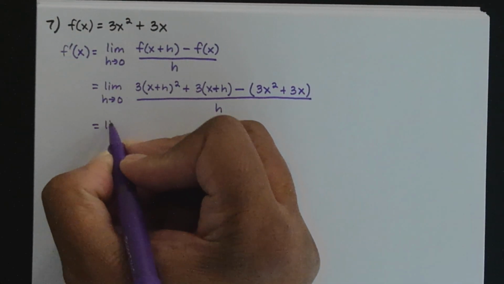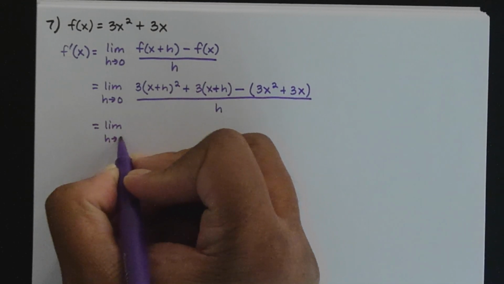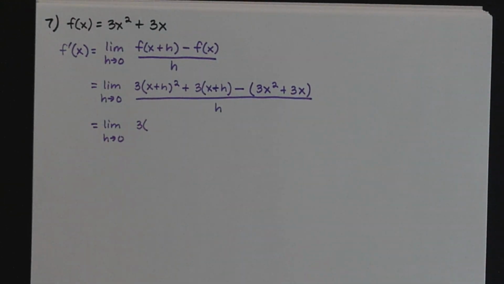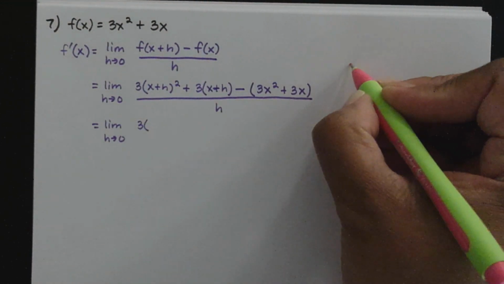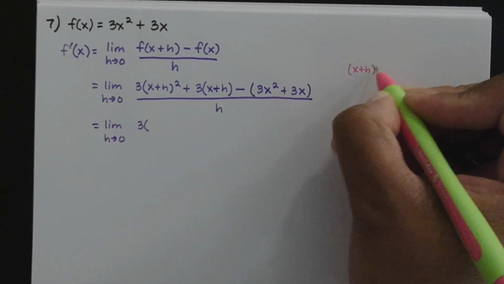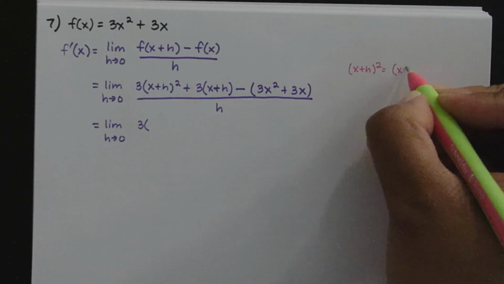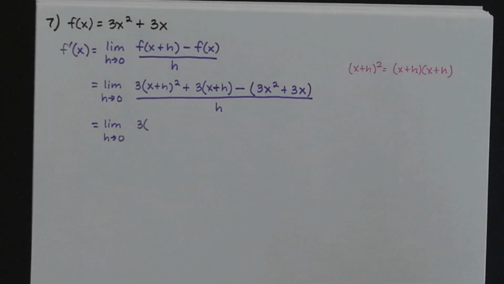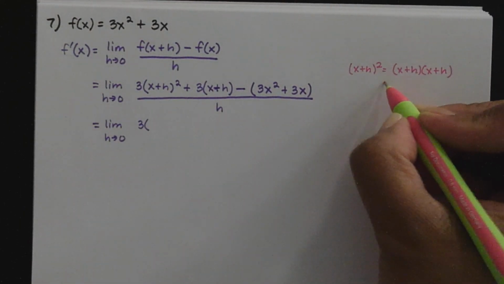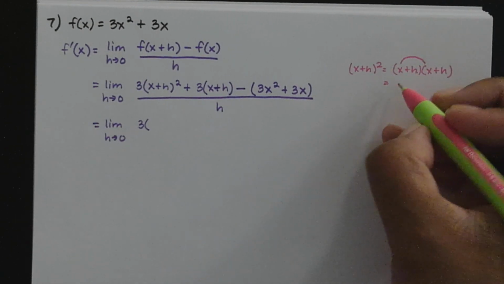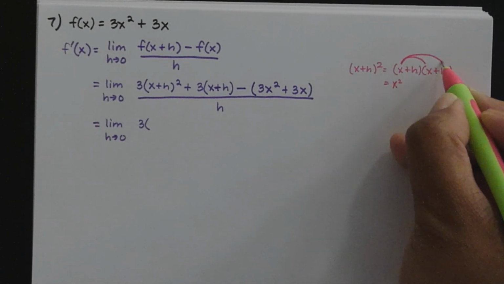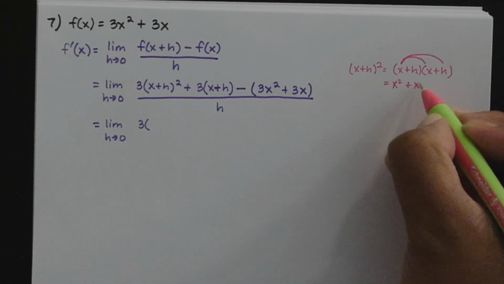So I'm going to bring down the limit as h approaches 0, 3 times. Let's see, that x plus h quantity squared, if you have to do that off to the side, write it as x plus h times x plus h, and then use the FOIL method, which is x times x, x squared. The outer x times the h would be plus xh.